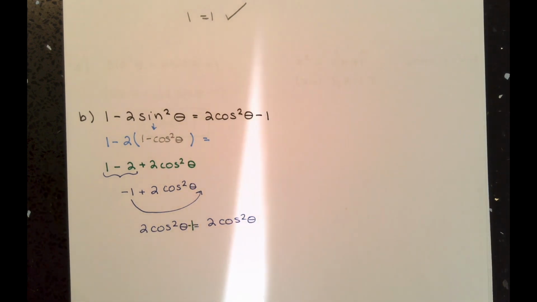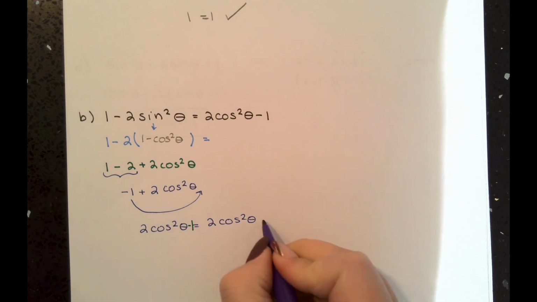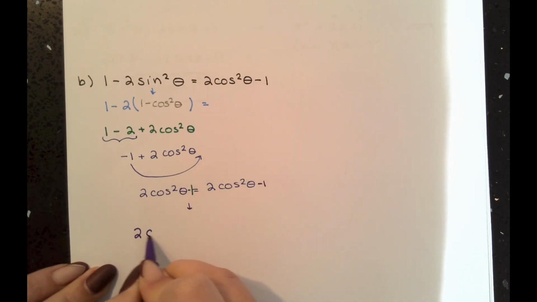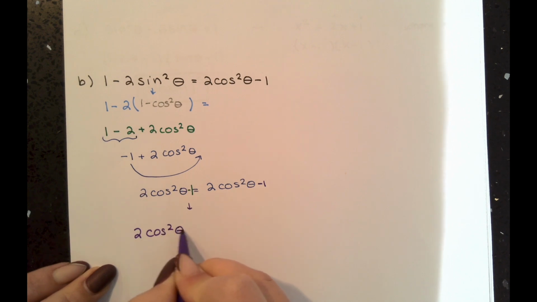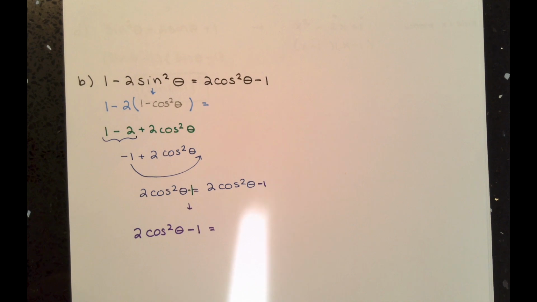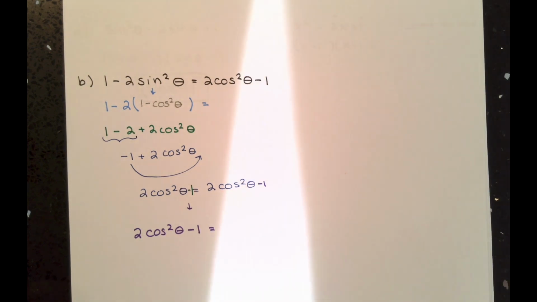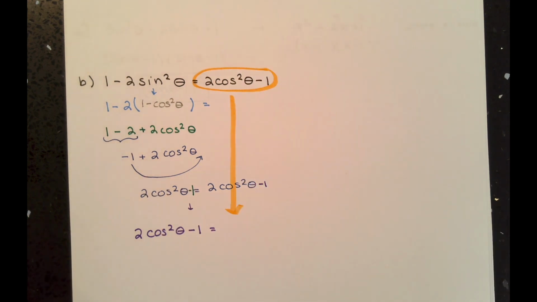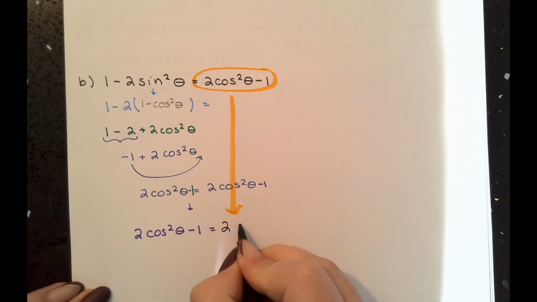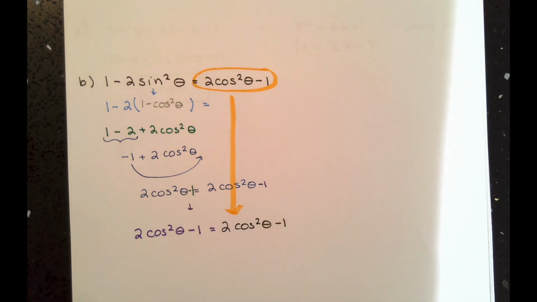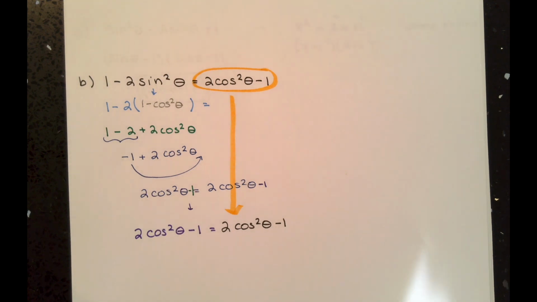That's going to bother me, I'm going to have to rewrite it. So we have 2 cosine squared of theta minus 1 equaling 2 cosine squared of theta minus 1.